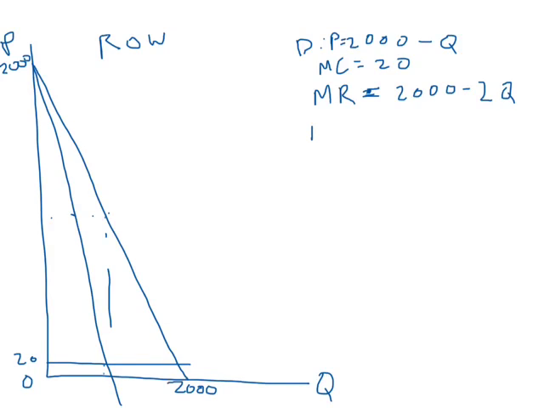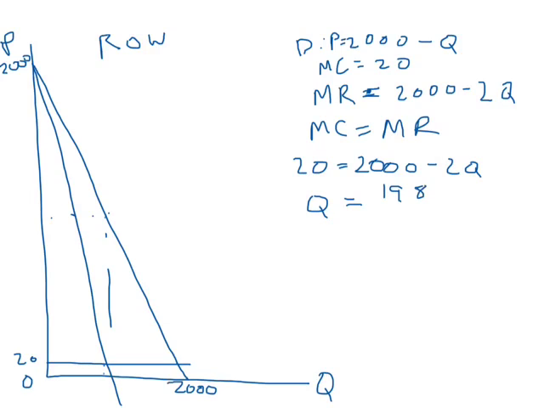And we set marginal cost equal to marginal revenue to get our monopolist profit maximizing output, and that lets us solve: 20 equals 2,000 minus 2Q, and that means Q is equal to 1,980 divided by 2, which is equal to 990. And I can plug that back into the demand curve again.